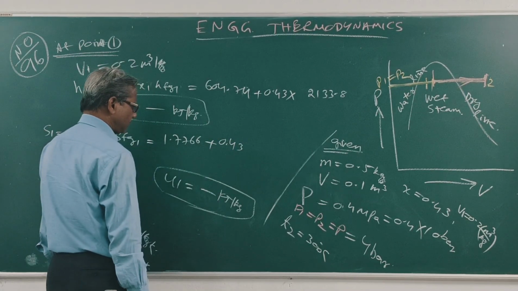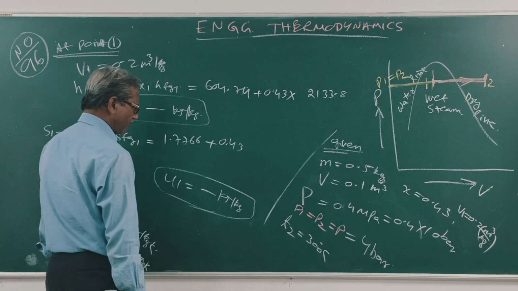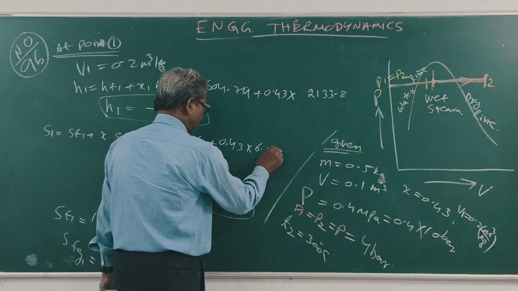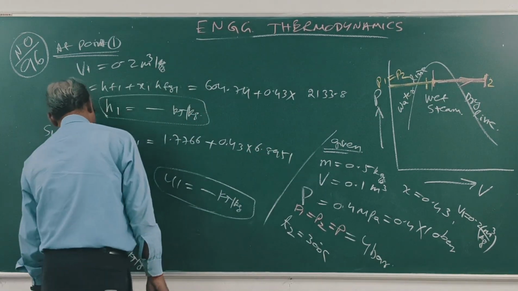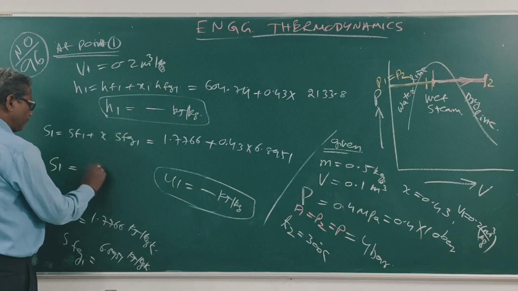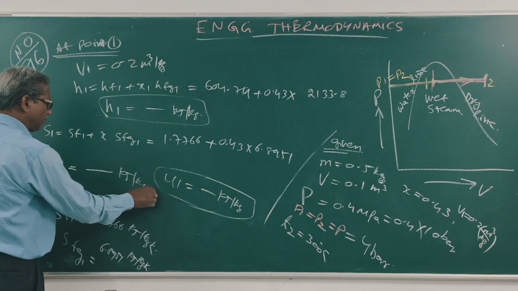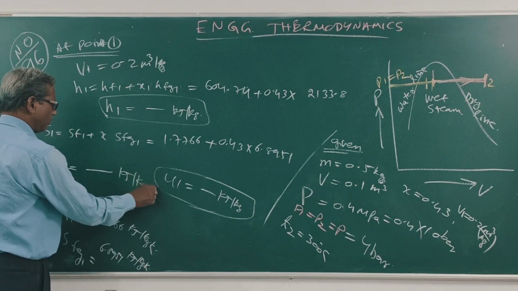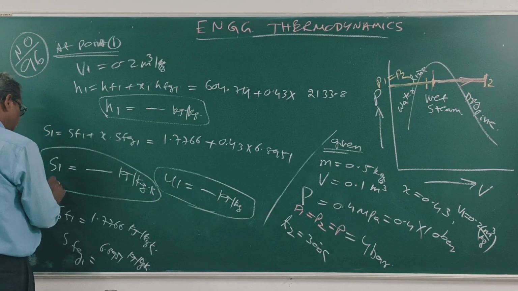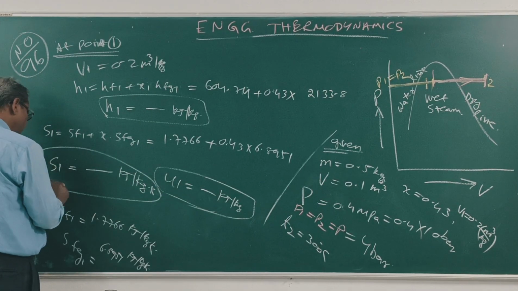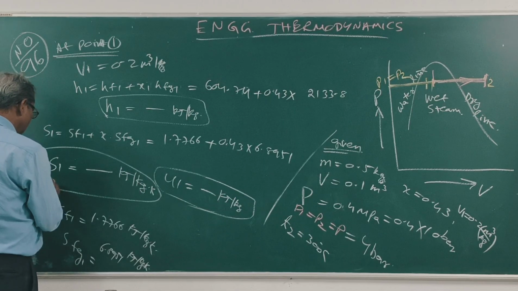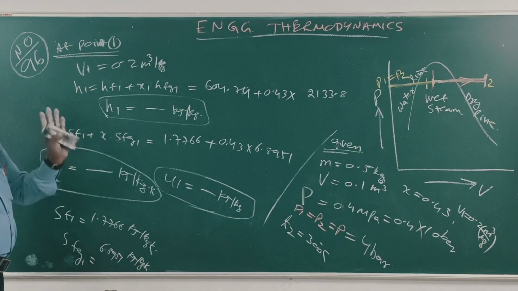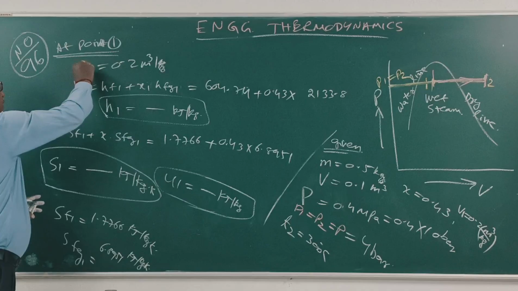What is SFG in this case? 6.8151. Find out S1. This is H1, U1, S1, V1. Clear?